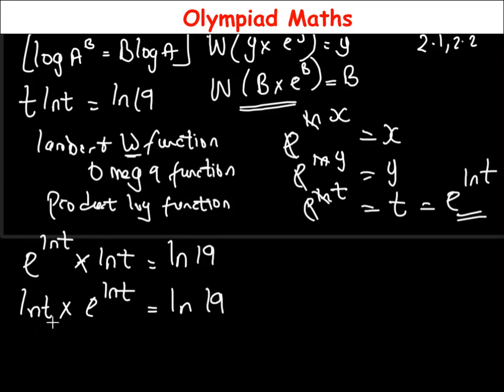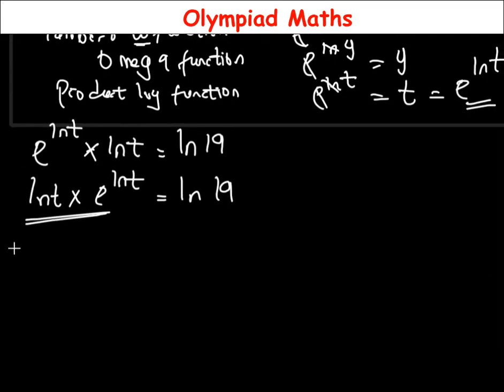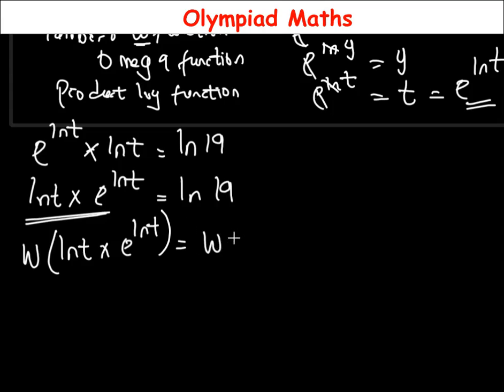So with this, right at this junction, we can then introduce the Lambert W function on this. So what we then have is W of ln t times e to the power of ln t is equal to, same thing here also, W of ln 19. Now, if you apply the Lambert W function on this, what we will get is ln t is then equal to W of ln 19.